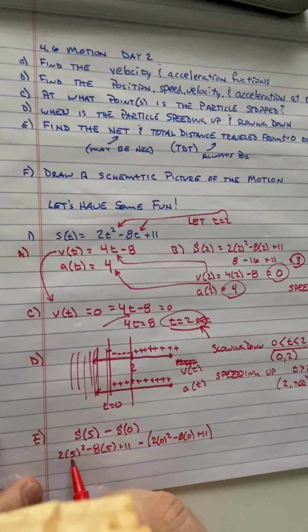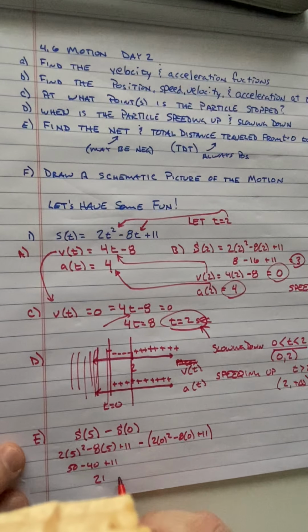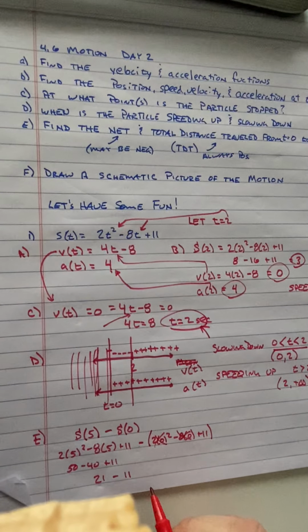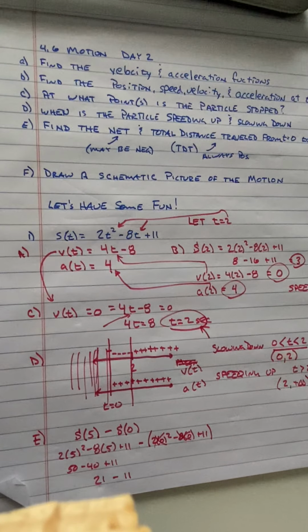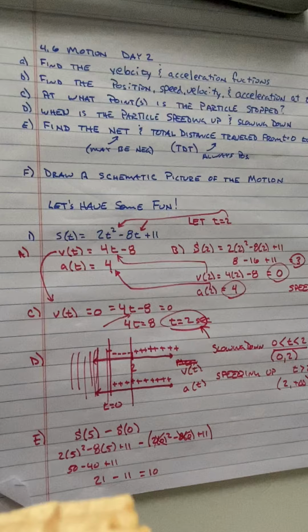So when we put 5 in there, that's 25. 50 minus 40 plus 11. 50 minus 40 is 10 plus 11. Then we're talking about 21. Minus 11. So far, so good. This particle has a net distance of 10.